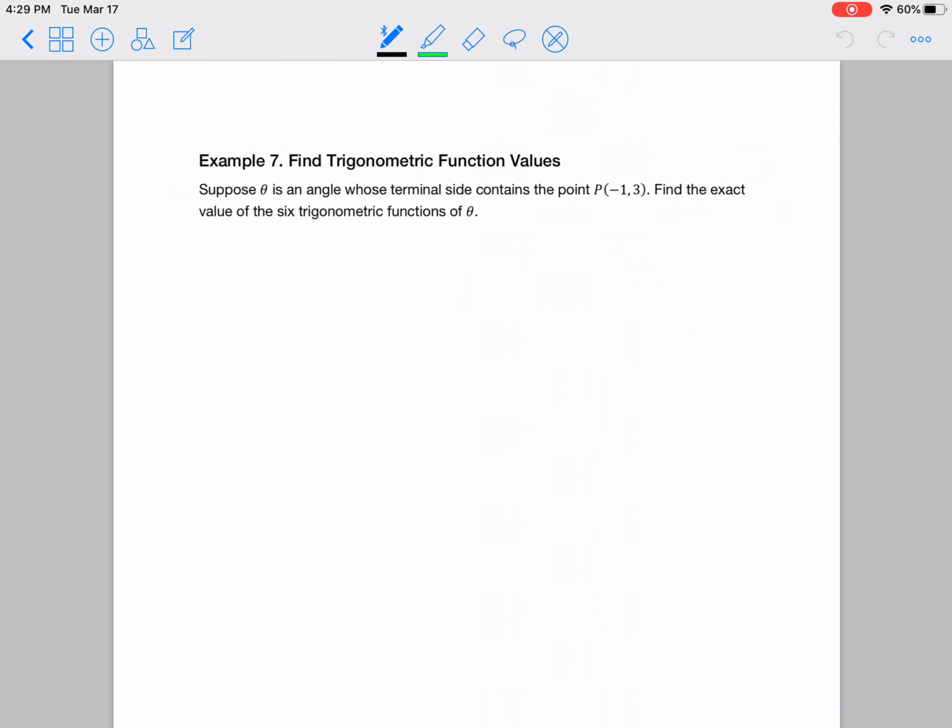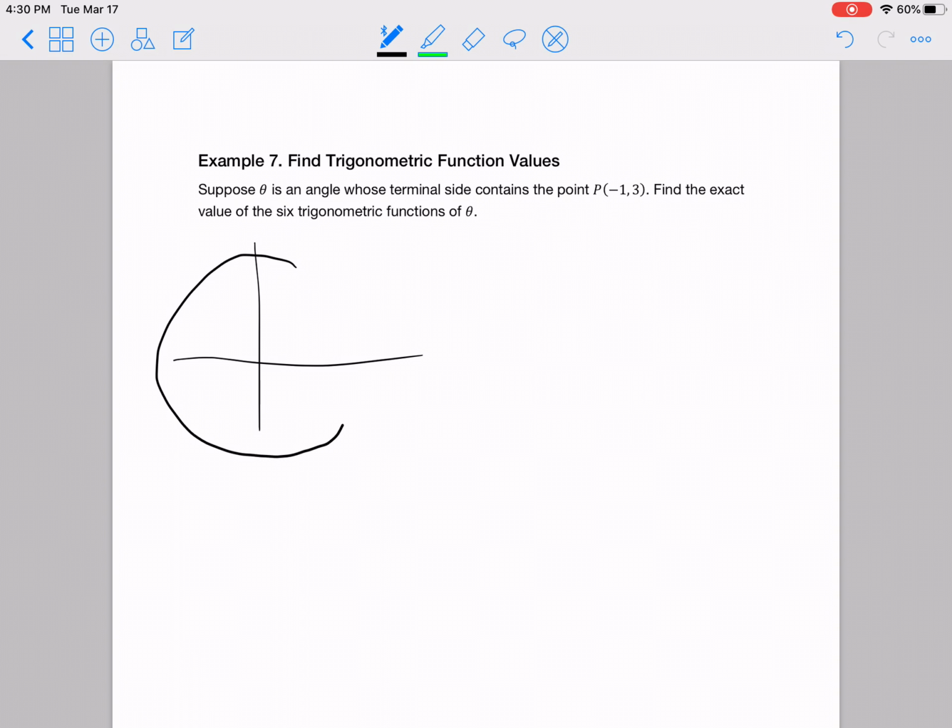So let's take a look at this example here. It says, find the trigonometric function values. Suppose theta is an angle whose terminal side contains the point -1, 3. Find the exact value of the 6 trigonometric functions of theta. So basically we have some point on some circle, right?